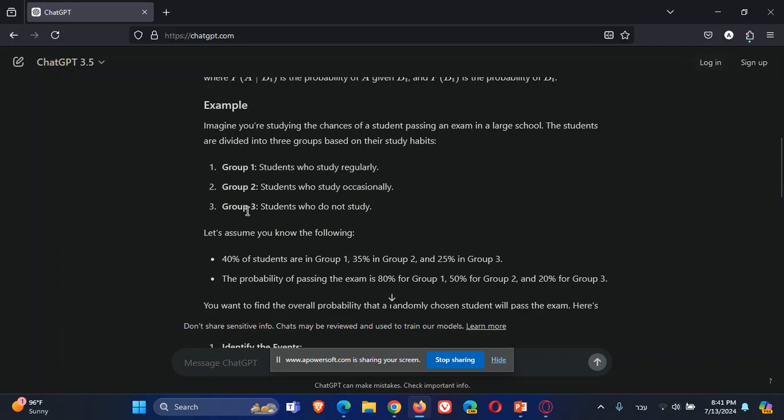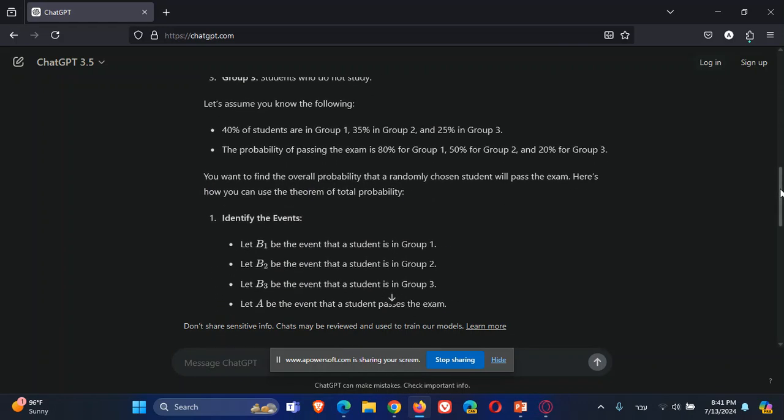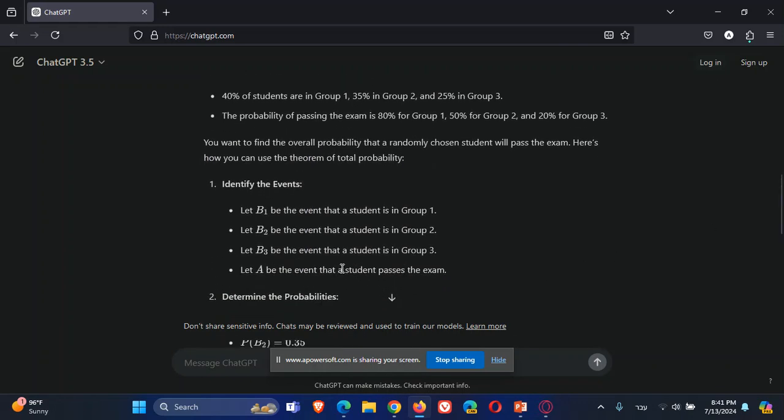So now we can use this to calculate a probability, because Group A, Group B, and Group C are all the students. They are all the sample data. If I want to calculate the probability that a student passes a test, I can define Group 1 as B1, Group 2 as B2, Group 3 as B3. Now, they are mutually exclusive, namely, a student cannot be in Group 1, studying regularly, and also be in Group 2, studying occasionally, because he is either studying regularly, or studying occasionally, or not studying.